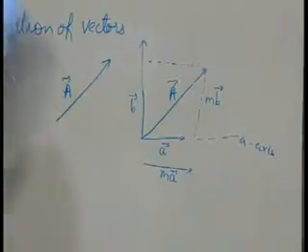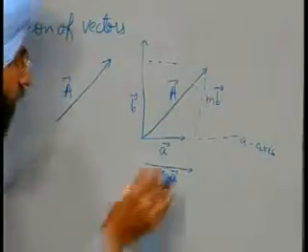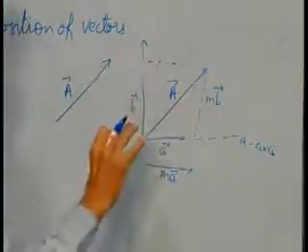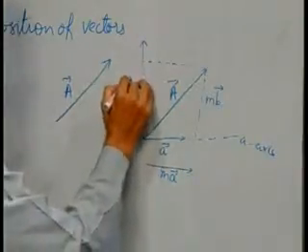They need not be at right angle to each other. Now this line is parallel to this line and magnitude is equal. So, we can write M B for both of them.